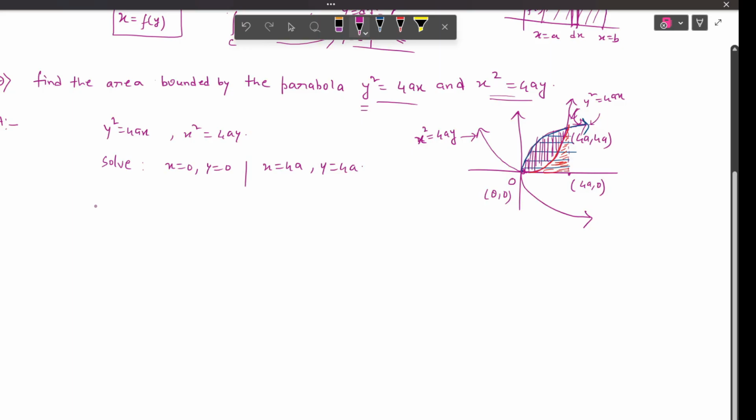So we can say that area is integration for this curve, it is 0 to 4a, because we need x values, 0 to 4a, y dx.